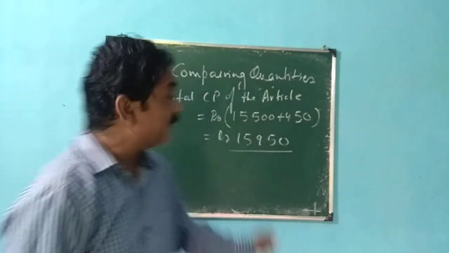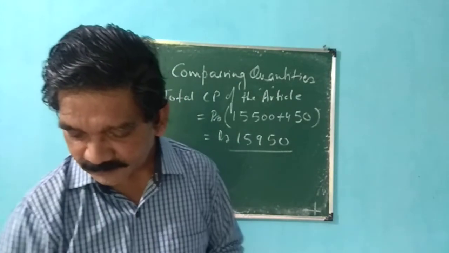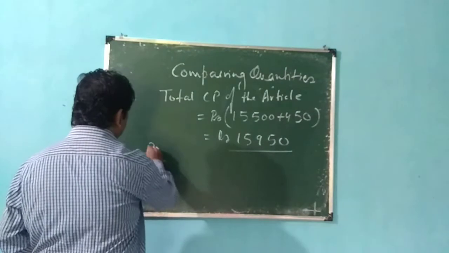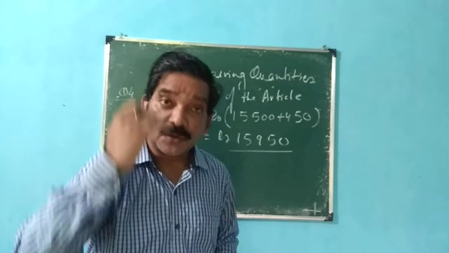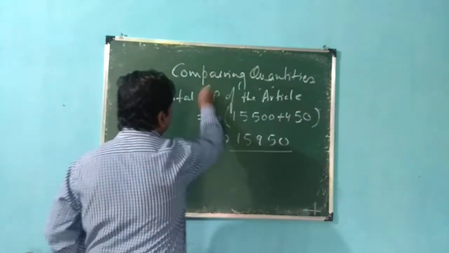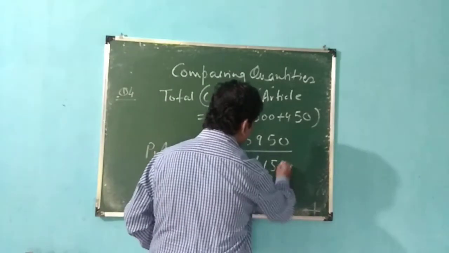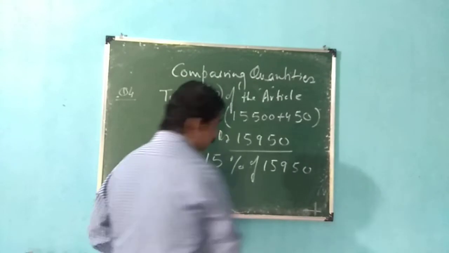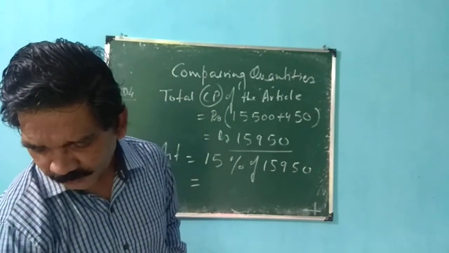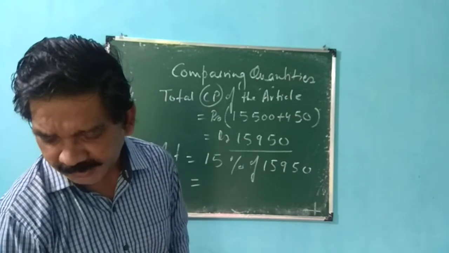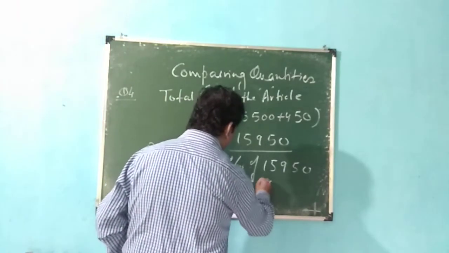Okay. Now what he does, he sells this article at a profit of 15%. Okay. So profit. As I told you, profit percent is always calculated on cost price. So this is the cost price. So therefore 15% of 15,950, you will get 2,392.50.